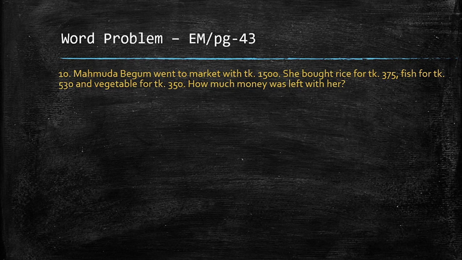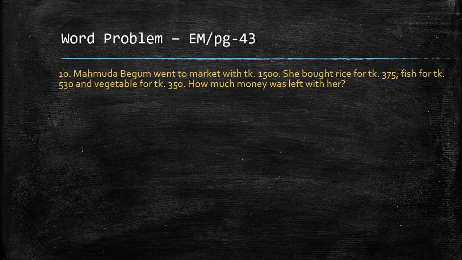She bought rice for taka 375, fish for taka 530, and vegetables for taka 350. How much money was left with her? That means, suppose you went to the market and bought some groceries like Mahmuda Begum.